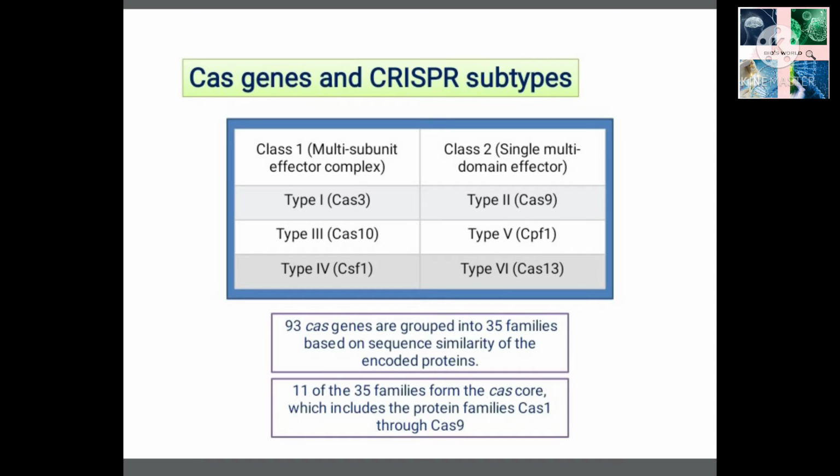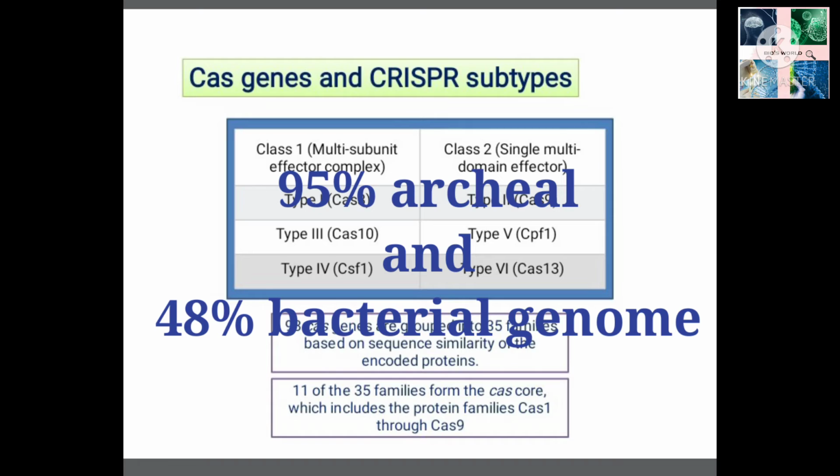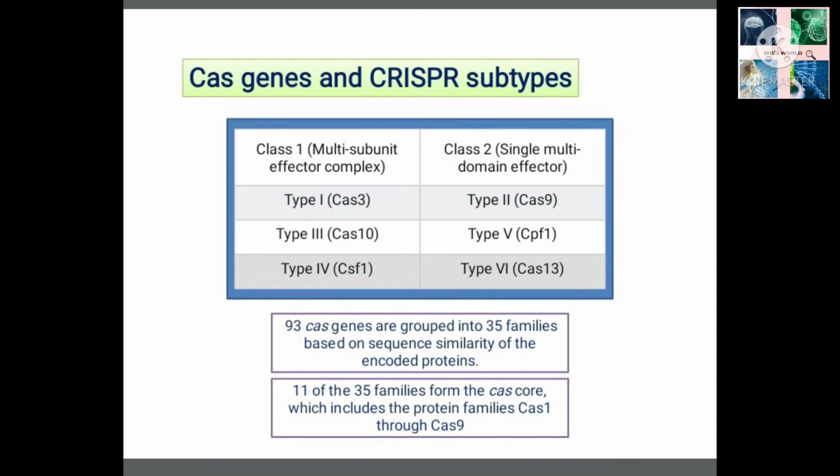Each type and most subtypes are characterized by a signature gene. This CRISPR system is found in 95% of archaeal and 48% of bacterial genomes and is highly diverse, with varying PAM sequences and numbers of Cas proteins.